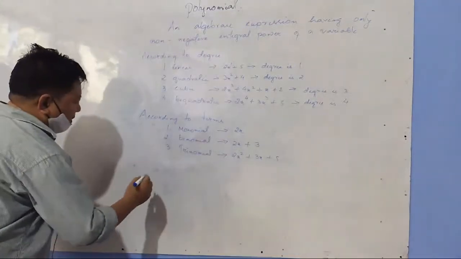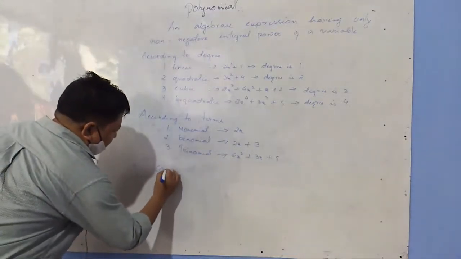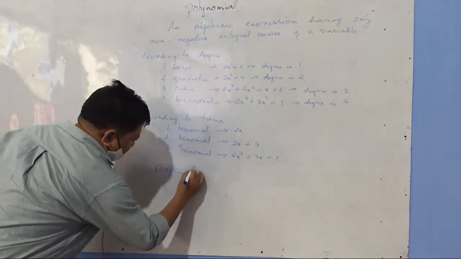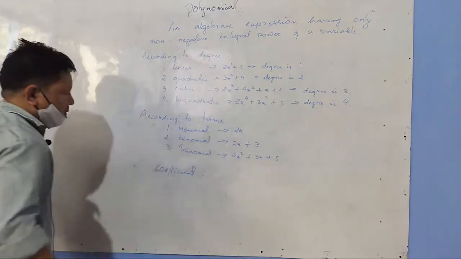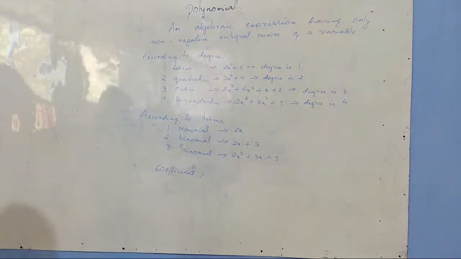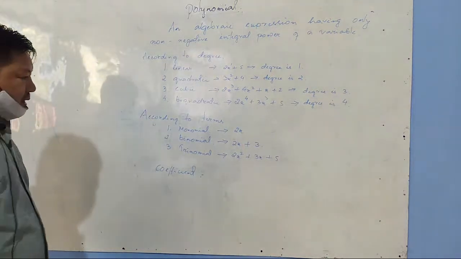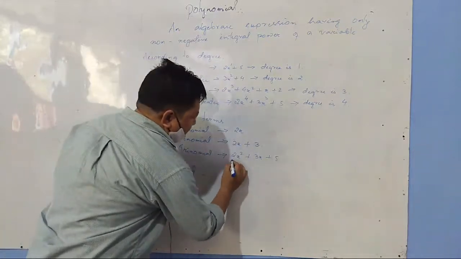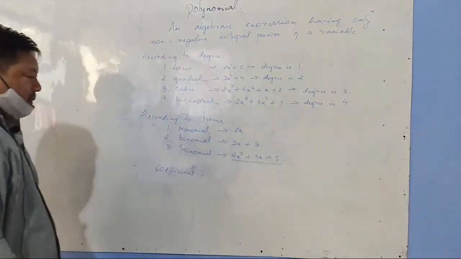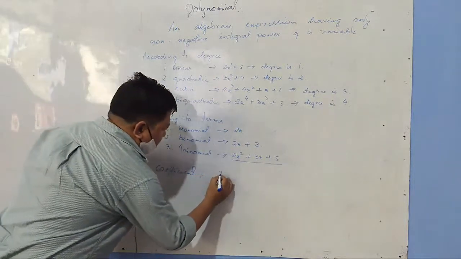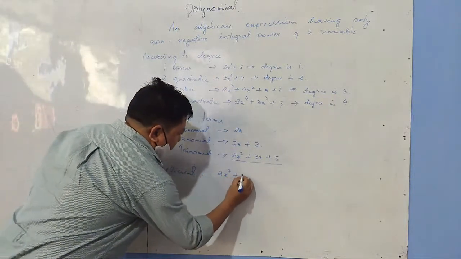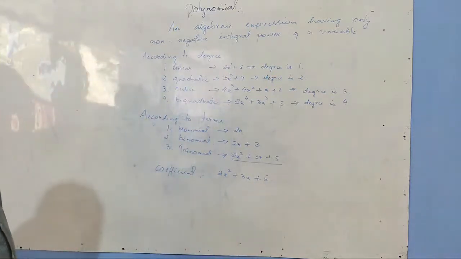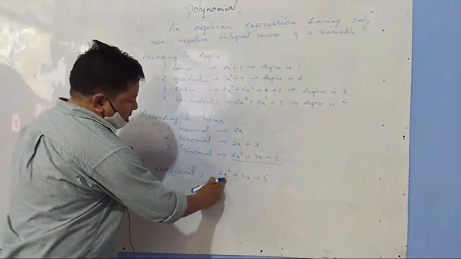And lastly, for today, let's talk about coefficient. Coefficient means, for example, let's take this polynomial, let's say 2x square plus 3x plus 5. Coefficient means the number before the variable.